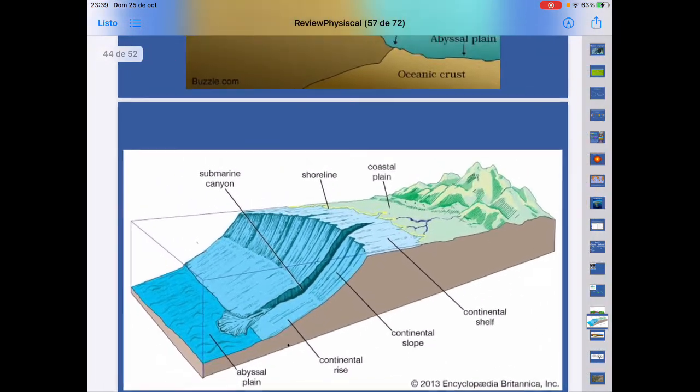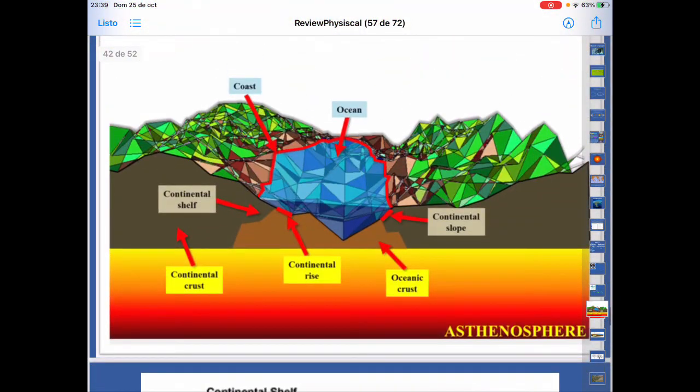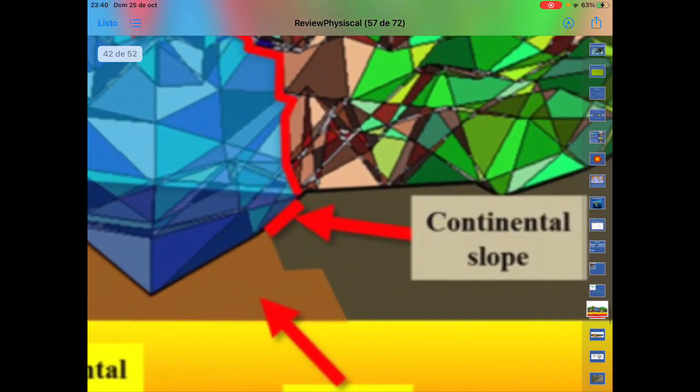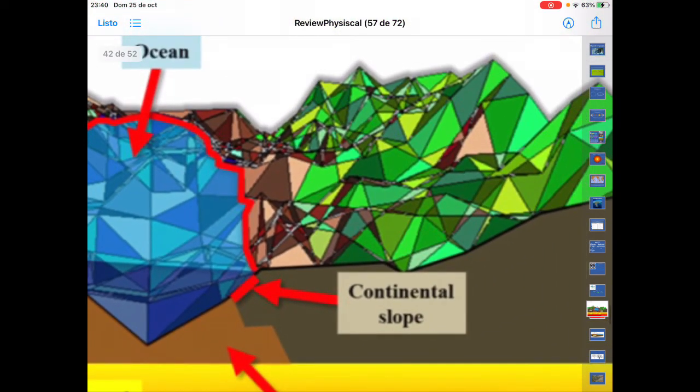So finally, of course, we know that the ocean is this large body of salty water, and we basically have all the elements that we require in our model. So please be sure to check your definitions, to have them, to be able to understand which one is which. So again, the continental slope is the part in which the continental plate is going to start to go up and go out of the ocean.